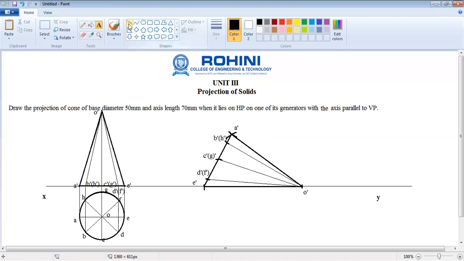So for the final top view of the cone, we have to extend all the points to the top view, and extend the top view circle to this length.